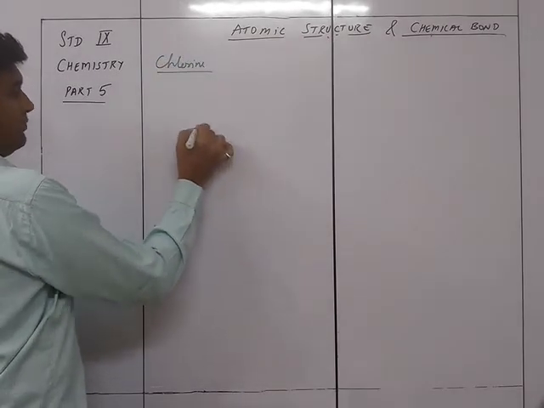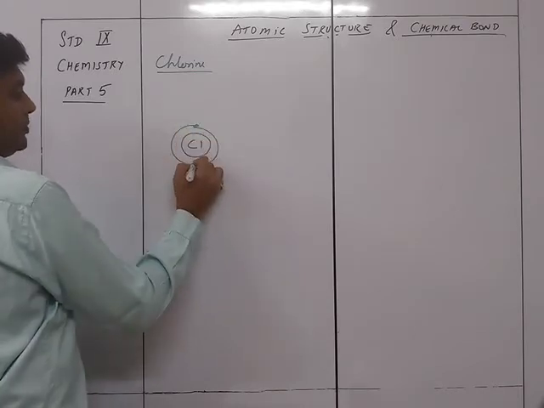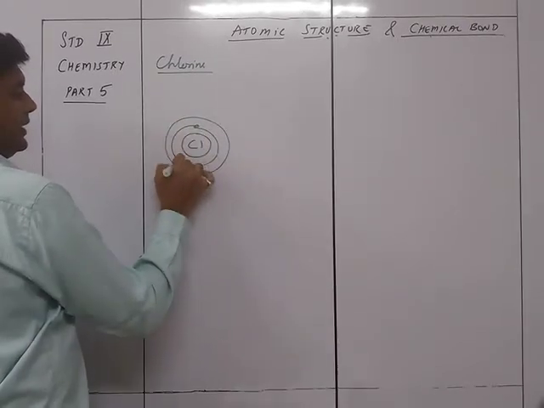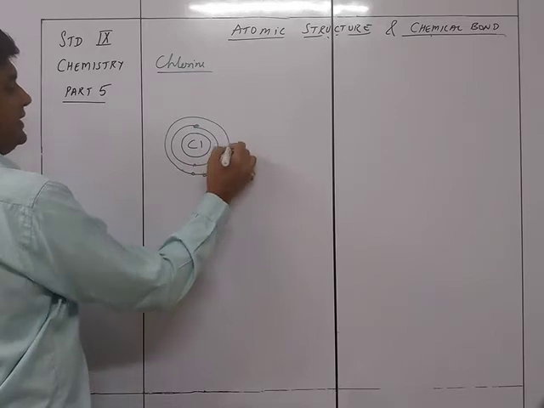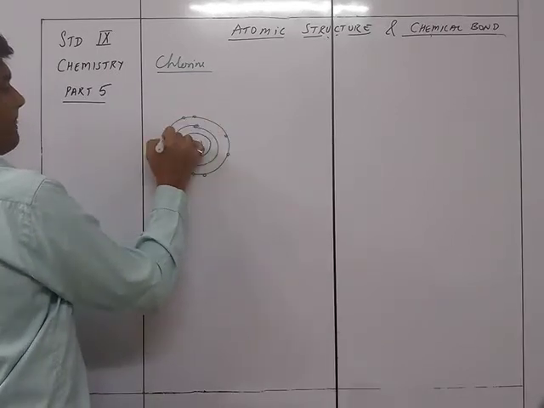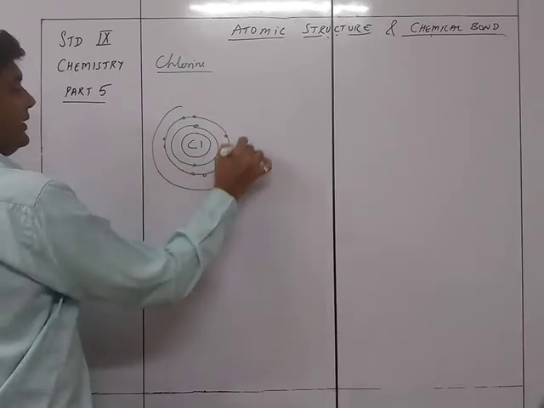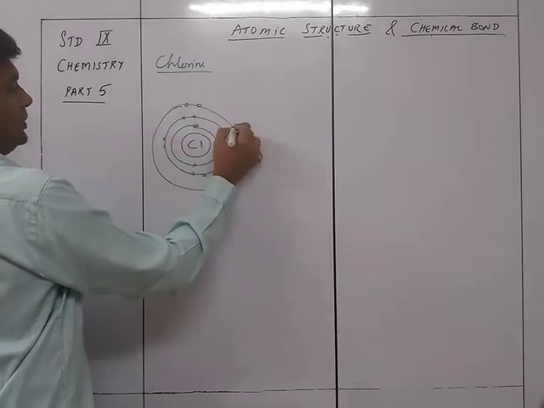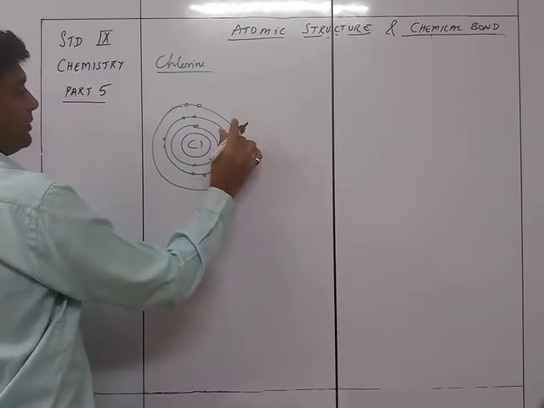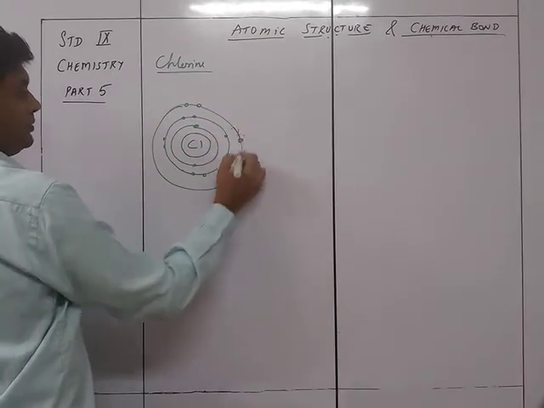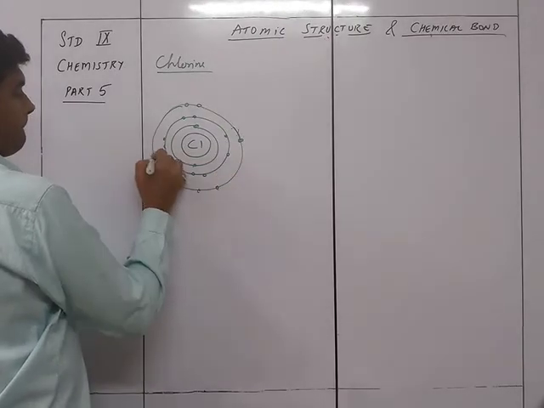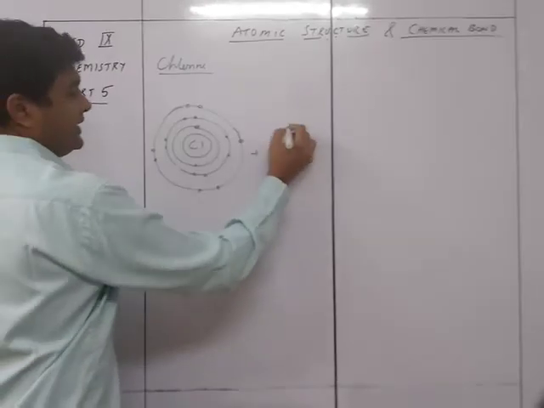The chlorine atom will have 2 electrons in the innermost orbit, then 8 in the second orbit, and then 7 in the outermost one. So 1, 2, 3... another Cl over here.